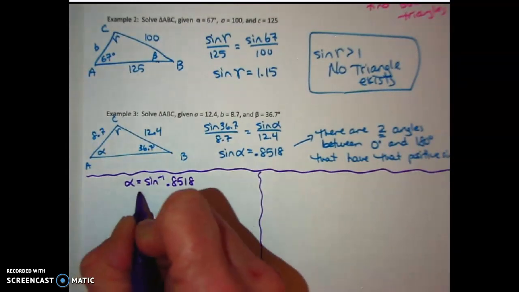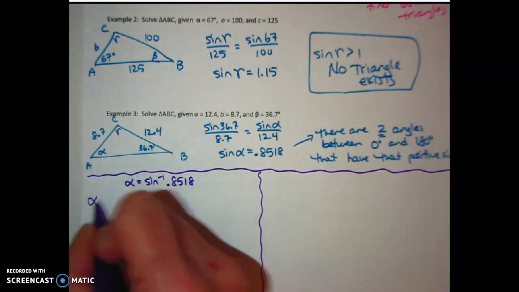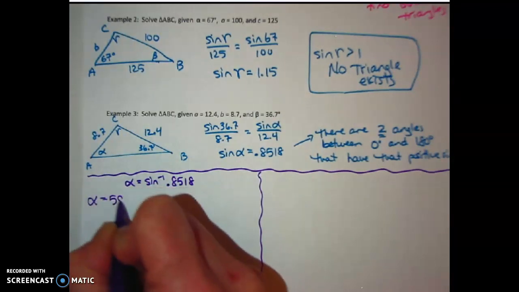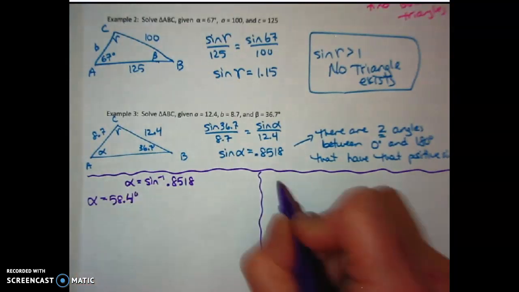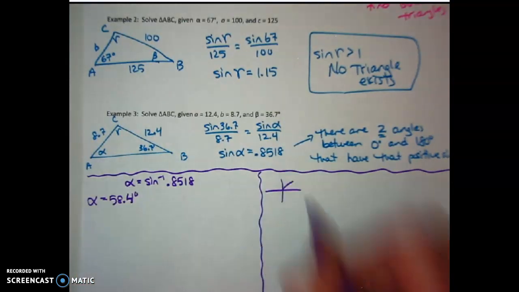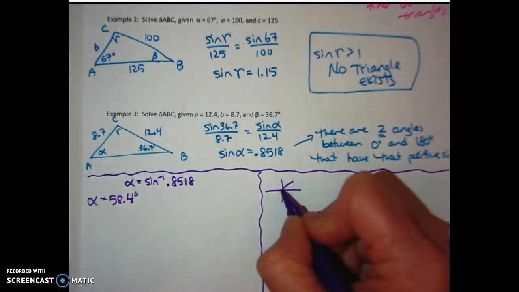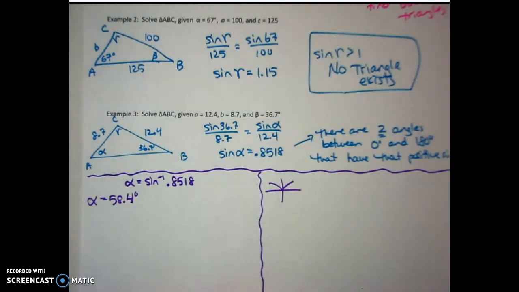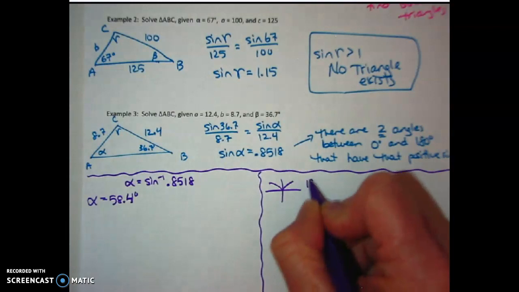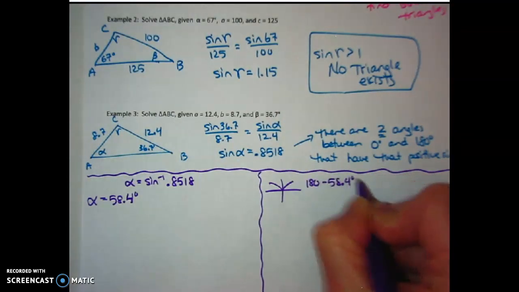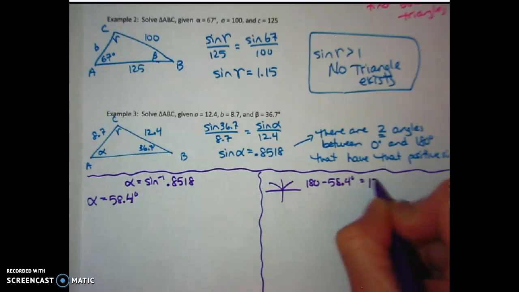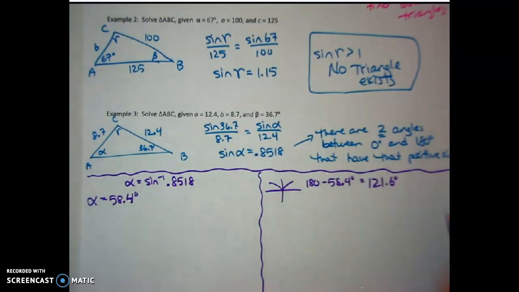When I plug this into my calculator, I get that my alpha is 58.4 degrees. My other positive sine angle is going to be in the second quadrant, so it's going to be 180 minus the 58.4 degrees. Gives me my second angle is 121.6 degrees.